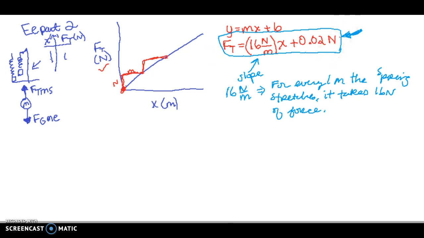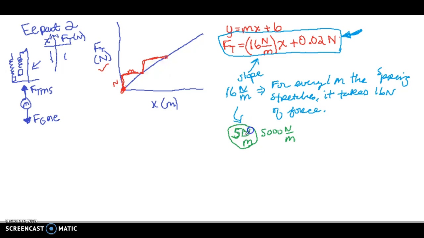This number here is telling us something about the spring. You could have one that would be 5 newtons per meter or 5,000 newtons per meter. This spring would only take 5 newtons to make it stretch a meter. 5 newtons is not very much force.